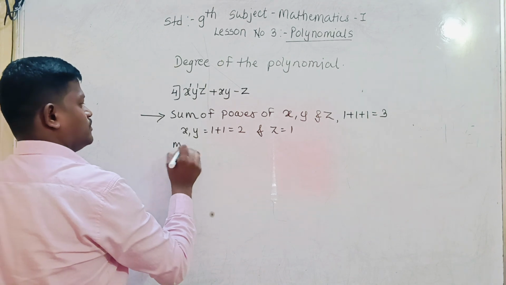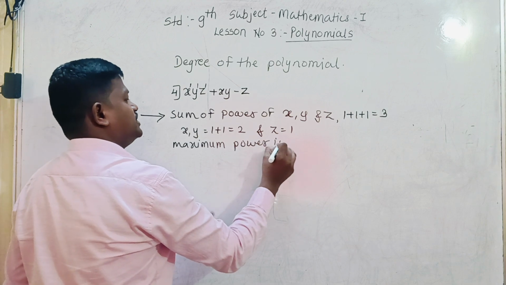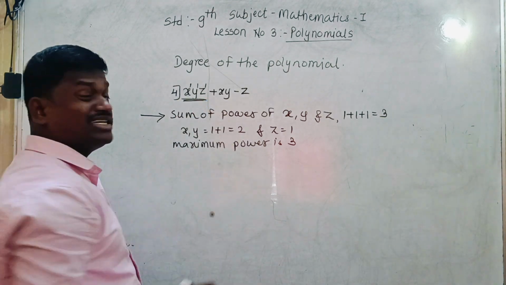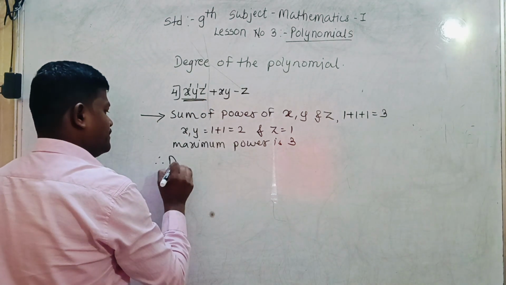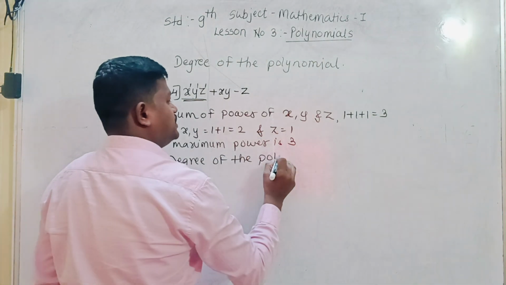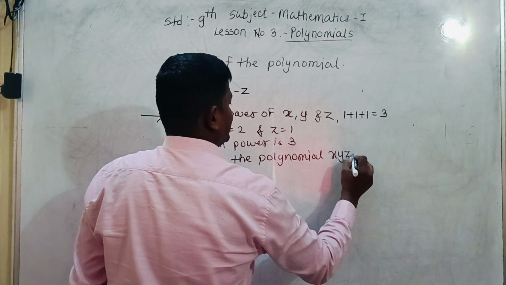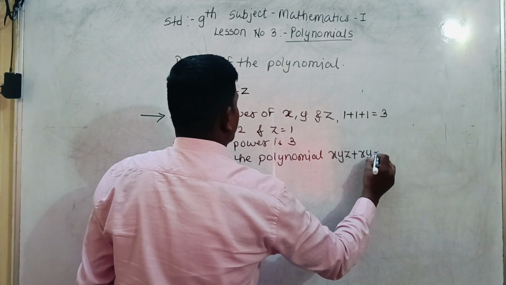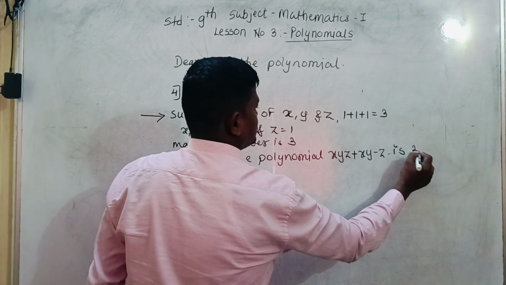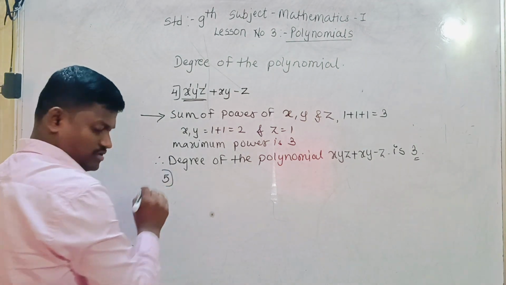So the maximum power is 3. Therefore the degree of the polynomial xyz plus xy minus z is 3. Understood? So next question.